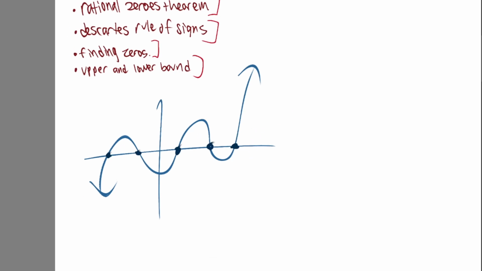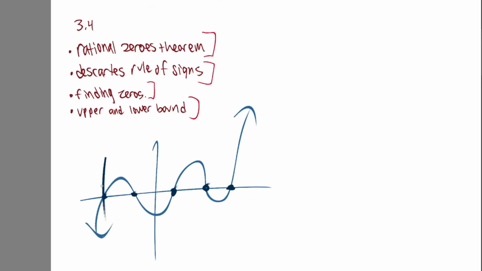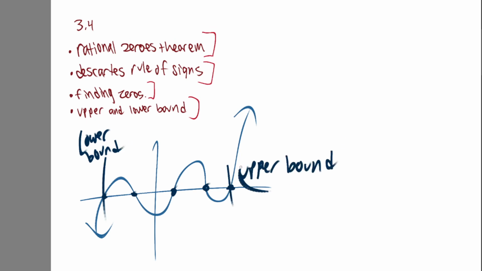What an upper bound and a lower bound is saying, so this would be our lower bound, and this would be our upper bound. What this upper bound is saying is basically we don't have any more x intercepts past this point, no more zeros. And what our lower bound is saying is we don't have any more zeros this way either, before this point.